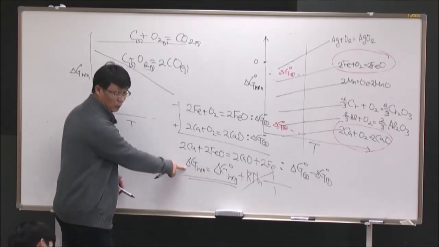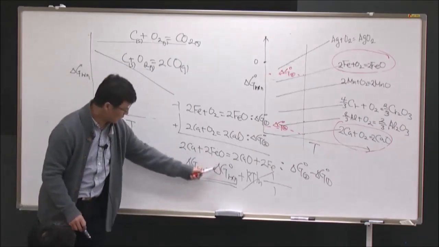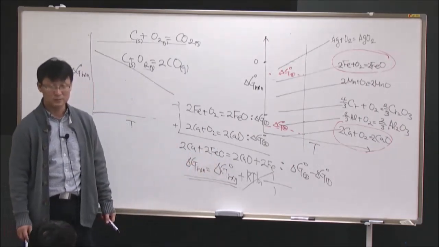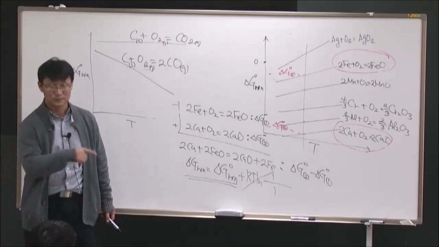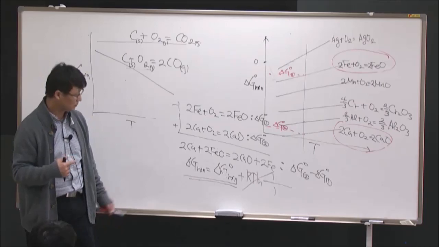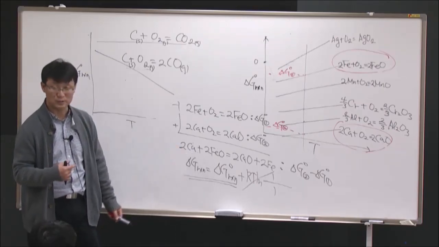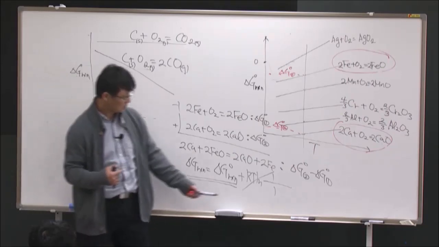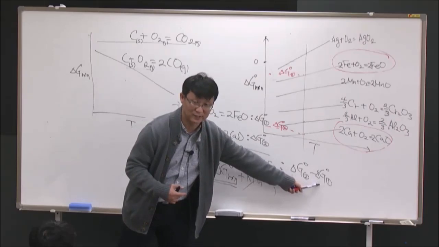So is delta G of reaction negative or positive? That depends directly on delta G naught of reaction. That tells you whether the chemical reaction is going forward or backward. So direction: is this going forward or backward? Forward, because this is negative and this is less negative.